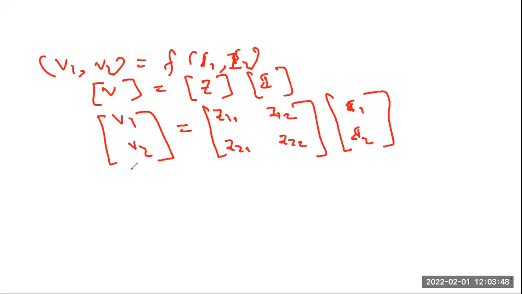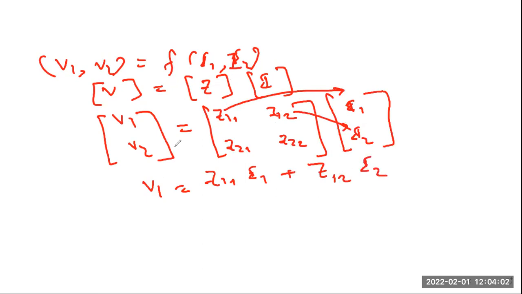If we write the equation, V1 will be equal to Z11 into I1 plus Z12 into I2. Then V2 is equal to Z21 into I1 plus Z22 into I2. Is it clear?